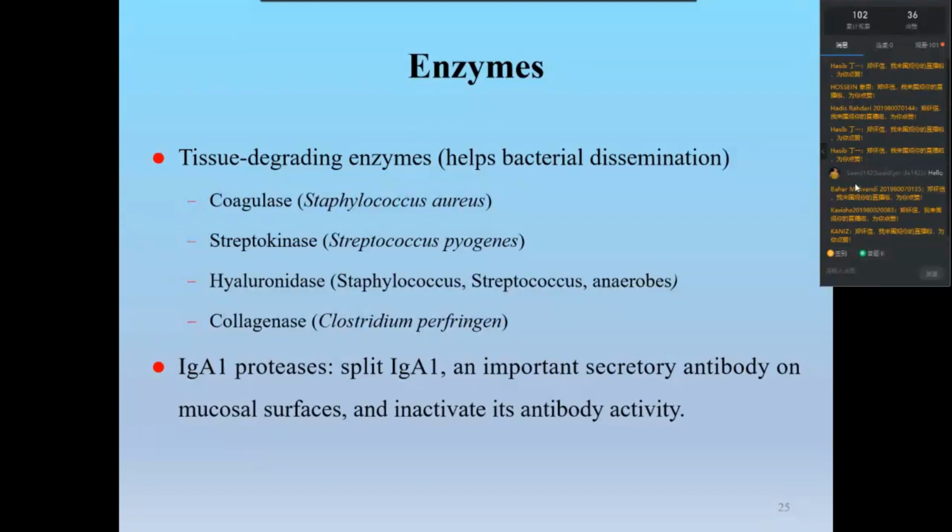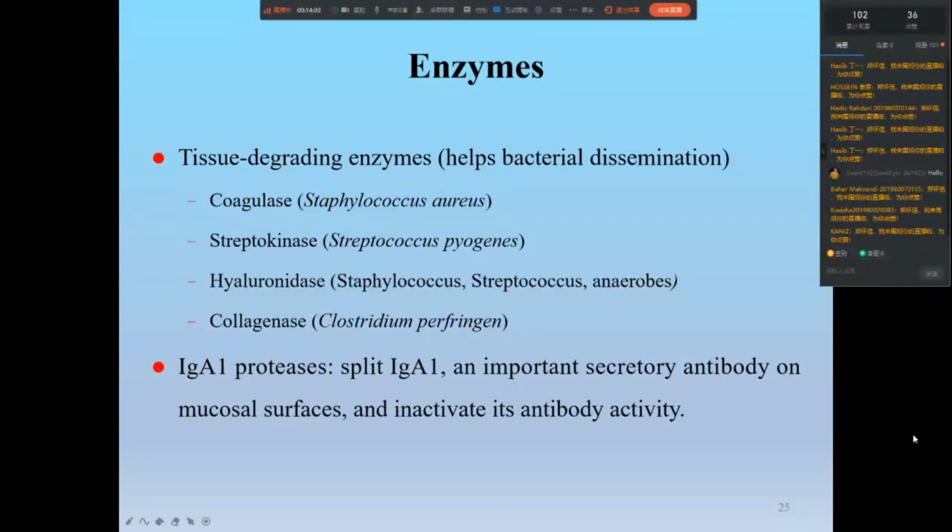It's an important secretory antibody on mucosal surfaces, and this protease can inactivate the antibody activity, so that makes themselves safe. So these are the different types of enzymes which are related to virulence.